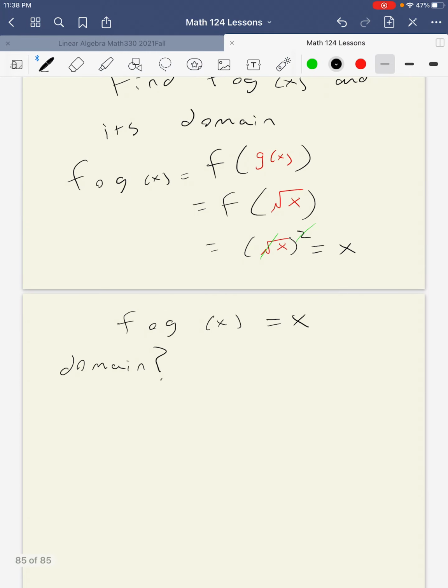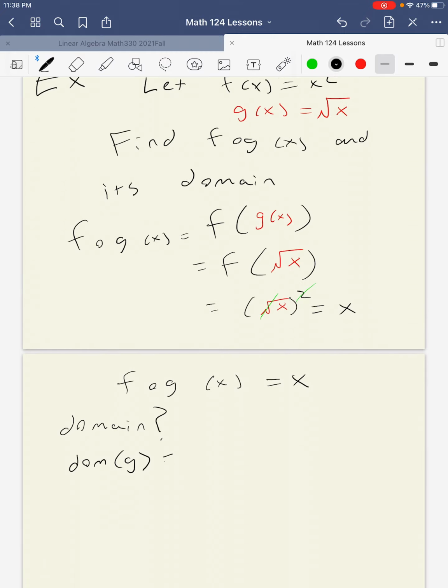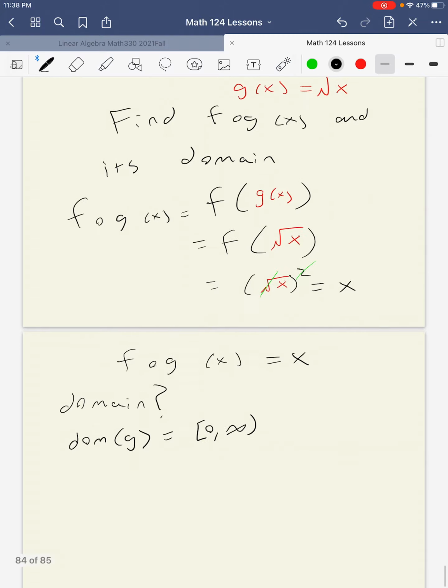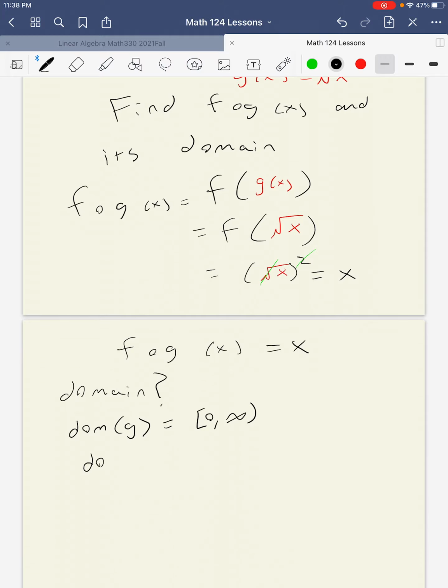Okay, so let's take this step by step. We take the domain of the inner function. The domain of g is the numbers 0 to infinity. We're only allowed to plug in numbers greater than or equal to 0 into this function. The domain of the outer function f is all numbers.